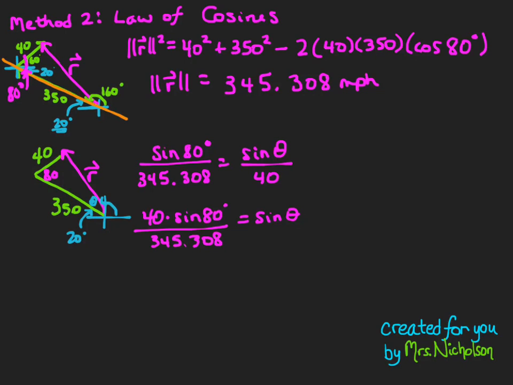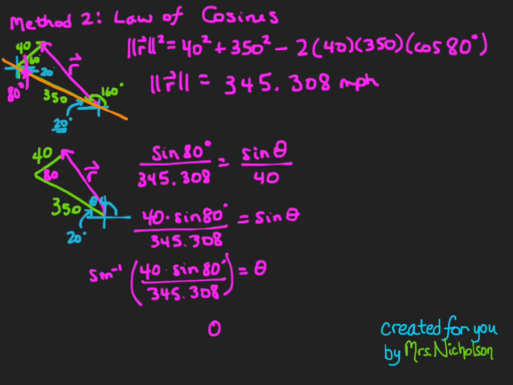Now remember, any time that we're looking for an angle, we have to use an inverse trig function. And so theta is going to be equal to the inverse sine of 40 times sine of 80 over 345.308. So pause the video again and put that into your calculator.